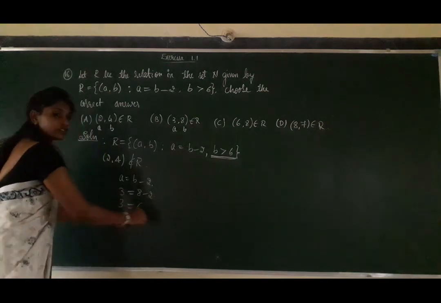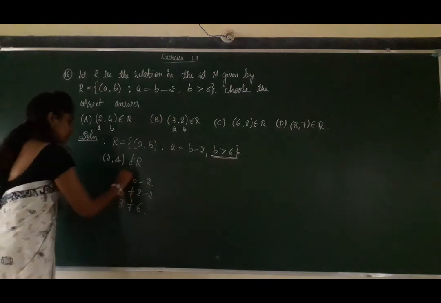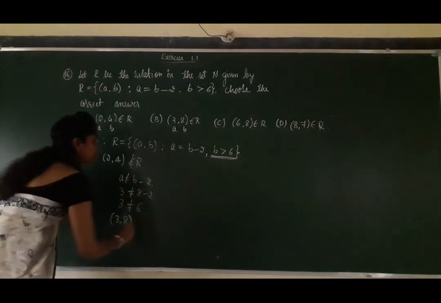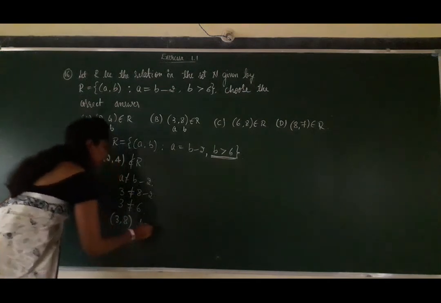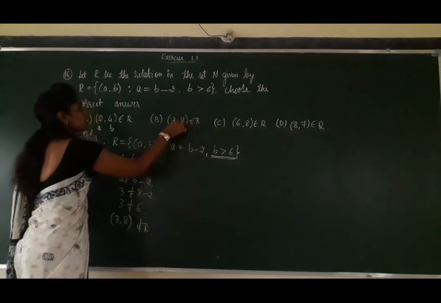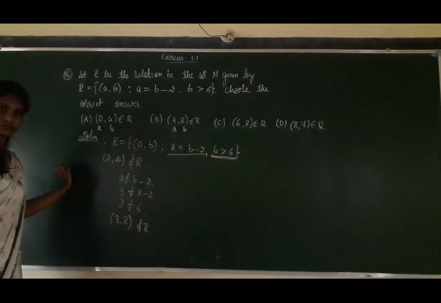Is 3 equal to 6? Not right. So 3 is not equal to 6. Therefore, ordered pair (3, 8) does not belong to R. So the element (3, 8) is not satisfying the condition A is equal to B minus 2.